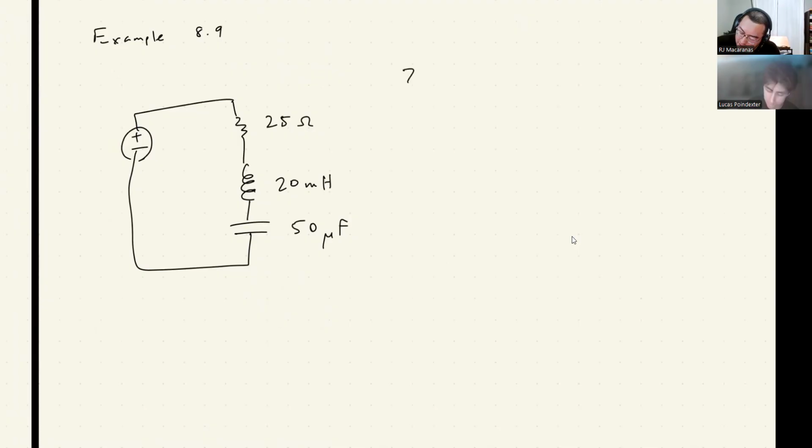And we determined that the impedance Z sub R is given by 25 ohms, Z sub L is given by j omega L. And one thing I didn't mention here is that the source is at 60 hertz.